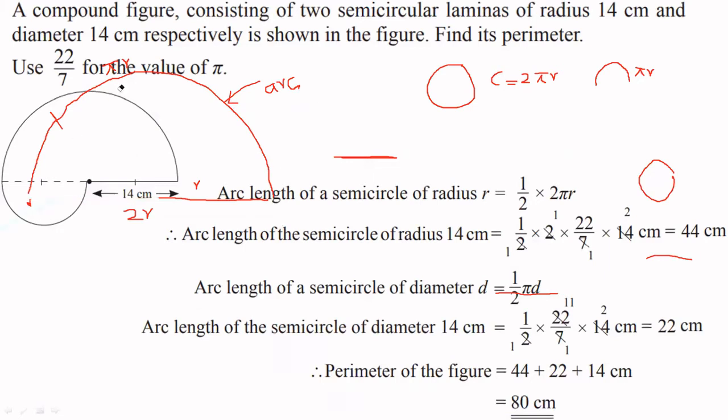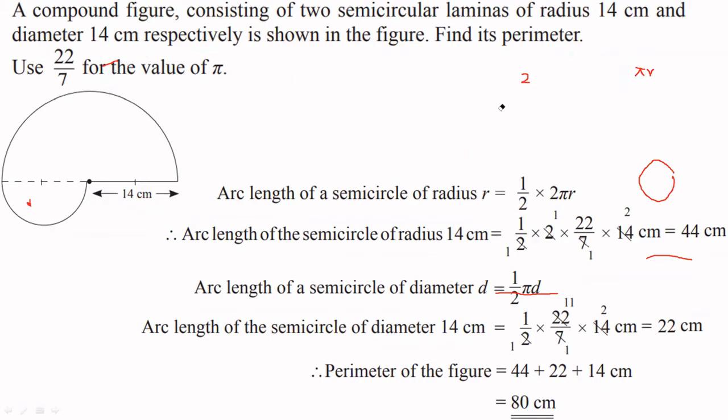Now let's see some problems related to that. Some semicircular laminas are given here. Let's understand that problem. A compound figure means two or more plane figures are combined.